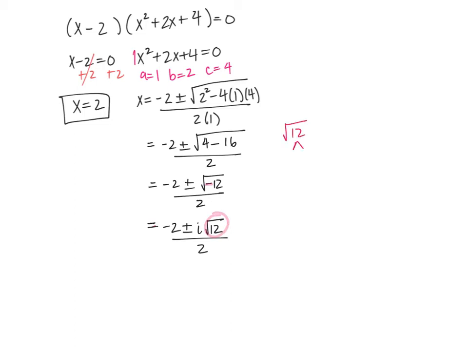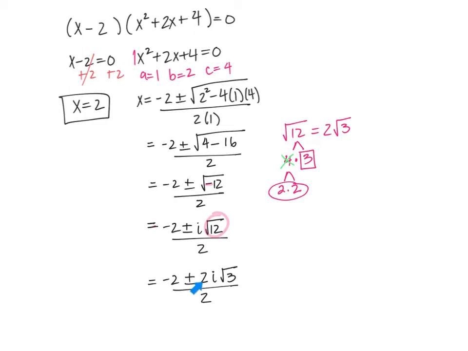So 12 can be decomposed as 4 and 3. 4 can be decomposed as 2 and 2. So that is a pair. And I have a leftover 3. I've already used the 4. So it looks like I have 2 that comes out and 3 that goes back into the root. So this is negative 2 plus and minus 2i square root of 3.